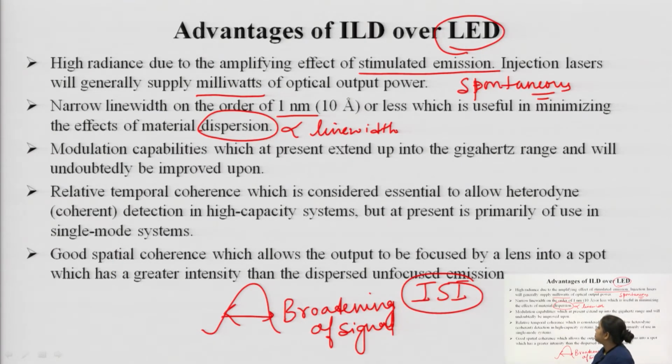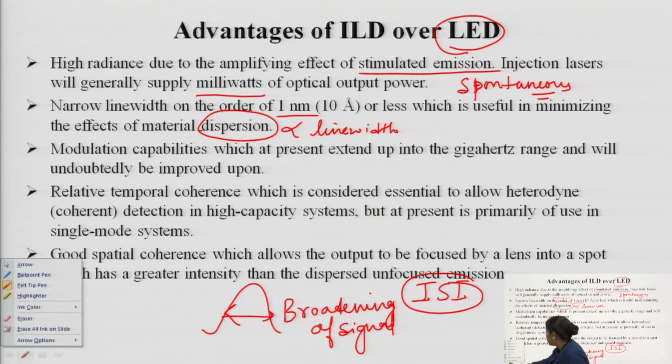That is why narrow line width is mentioned here. In the case of an injection laser, we are able to achieve the narrow line width, and the advantage of this narrow line width is that we are able to reduce the dispersion. So, this is again a major advantage of the injection laser over the LED.